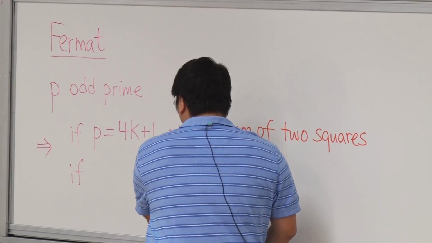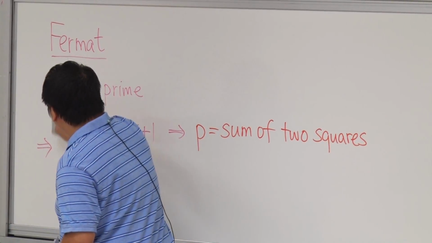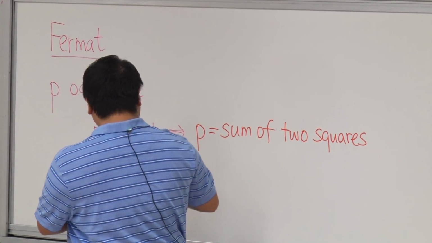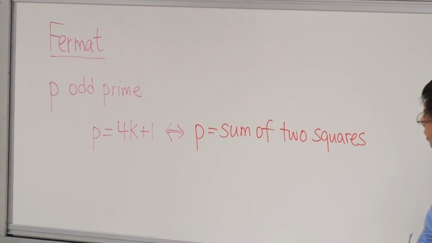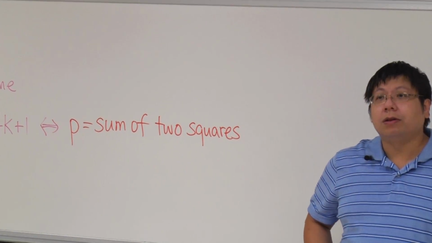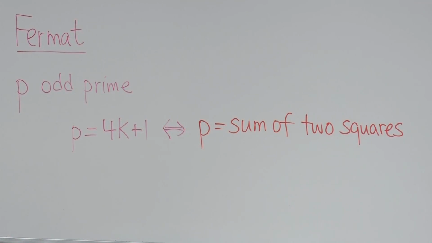This is actually if and only if. So suppose that P is an odd prime. If P is of the form 4k plus 1, then P can be written as a sum of two squares. Otherwise, P cannot be written as a sum of two squares. Let's check. I think this is quite amazing.